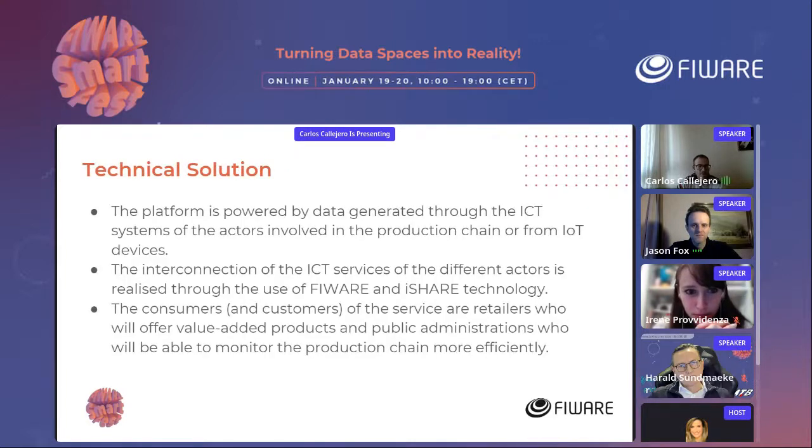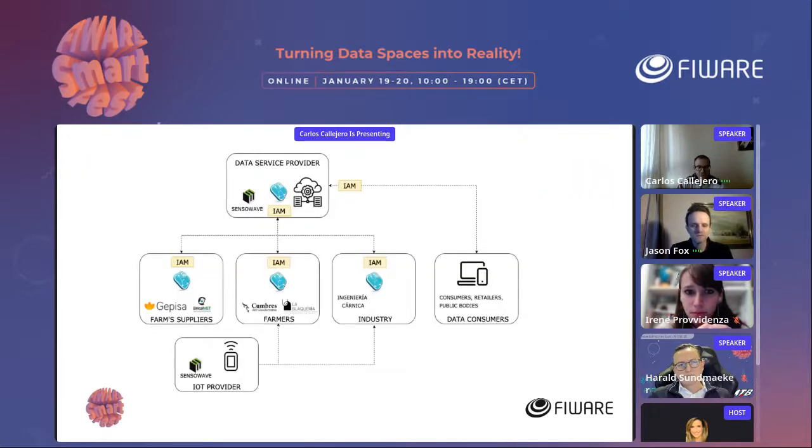Well, I go back to the technical solution. I just want to say that the context broker is the core of the solution, and the idea of what we are trying to achieve. I'm going to give you an example. Let's suppose that through the collar, we detect a low activity level in the animal.